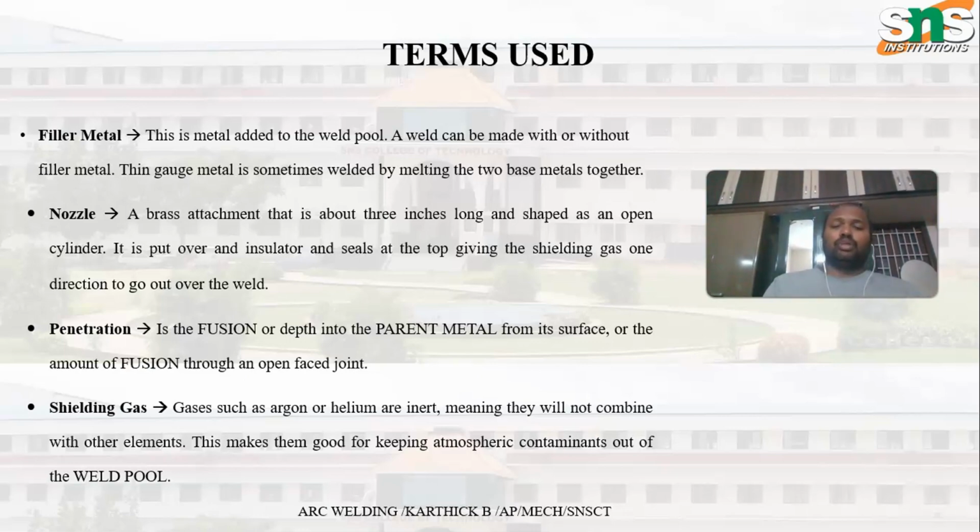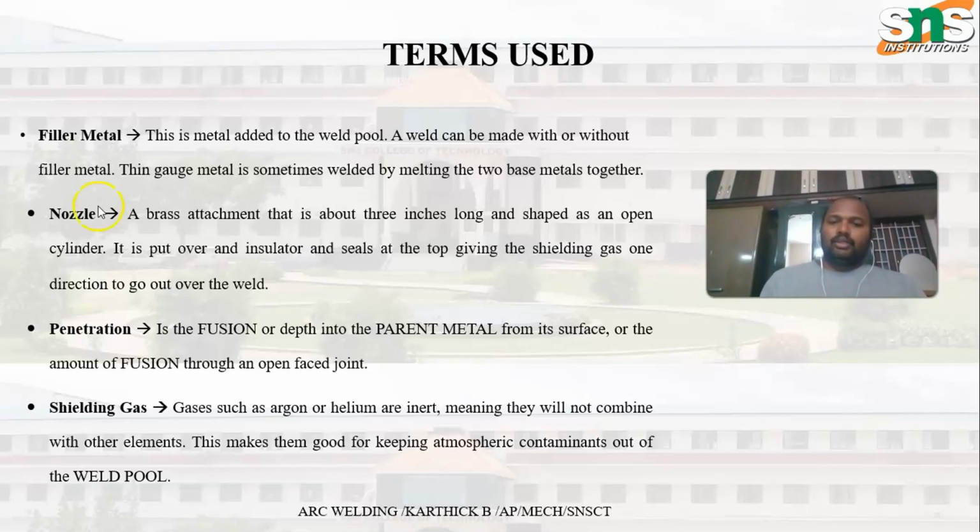Sometimes it is mixed with CO2 as well. These shielding gases will not react with the metal. Instead, as they are inert gases, they provide a shield to avoid atmospheric contaminants entering the weld pool, so that you can get a quality weld in the weld area.